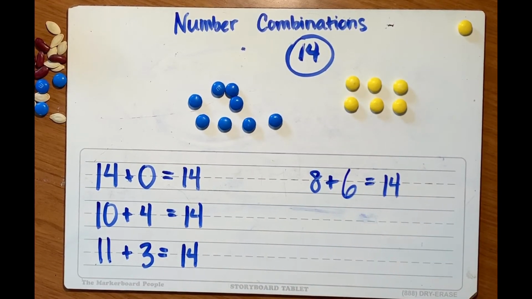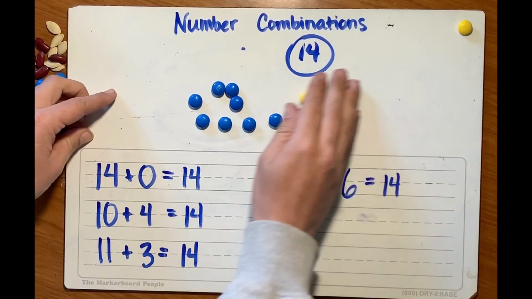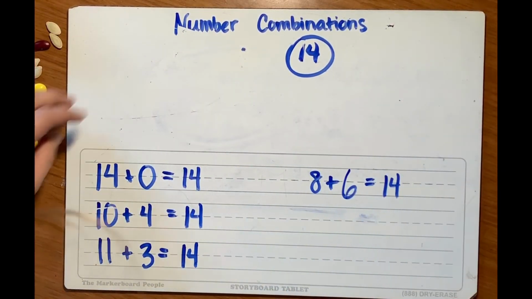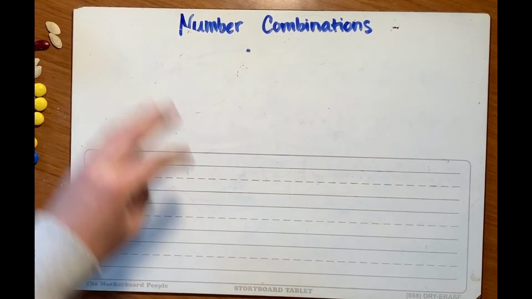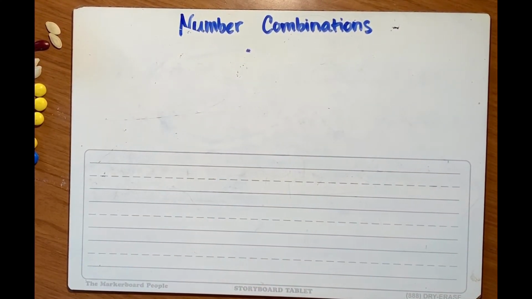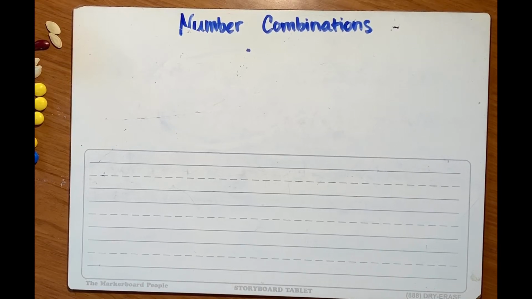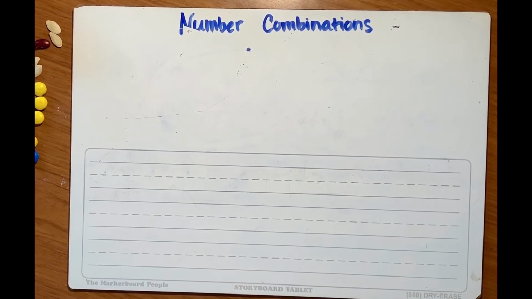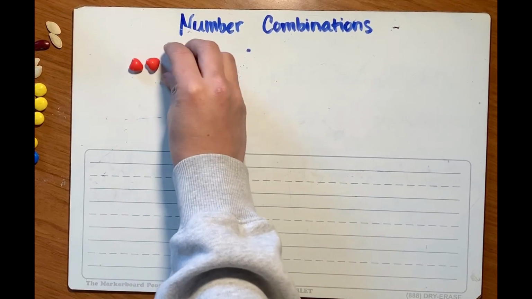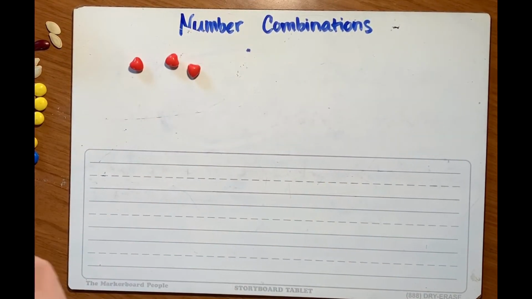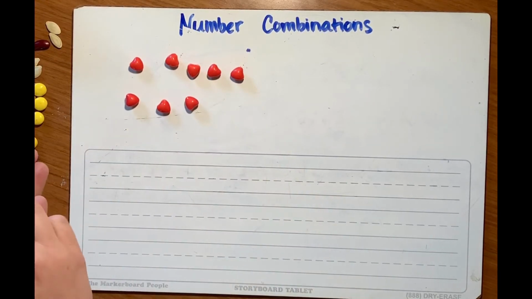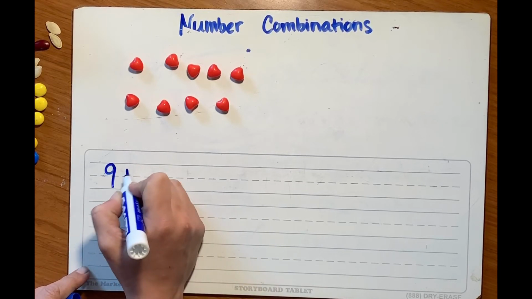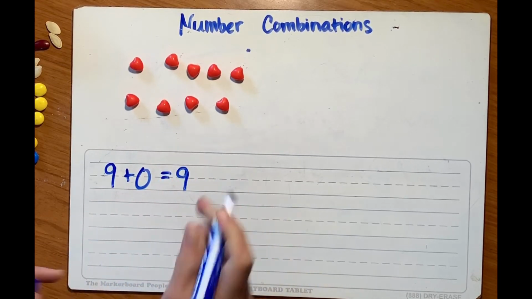Finally, we're going to be working with one other number. The last number that we're going to be working with is 9. We're going to figure out all the combinations to 9. 3, 4, 5, 6, 7, 8, 9. So in our first one, we have 9 plus 0 equals 9.